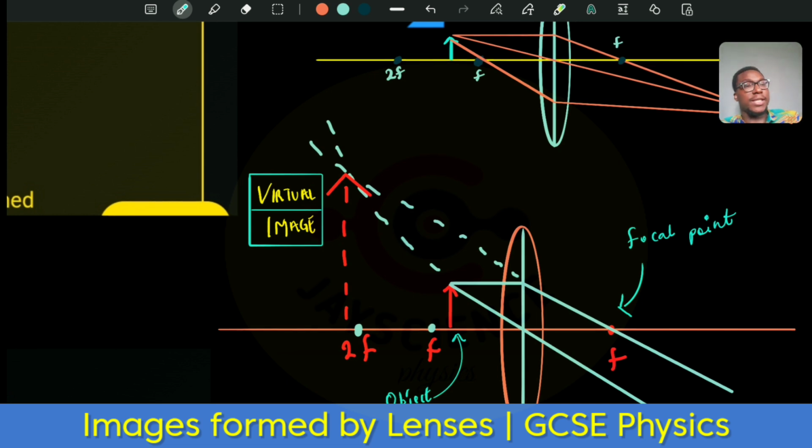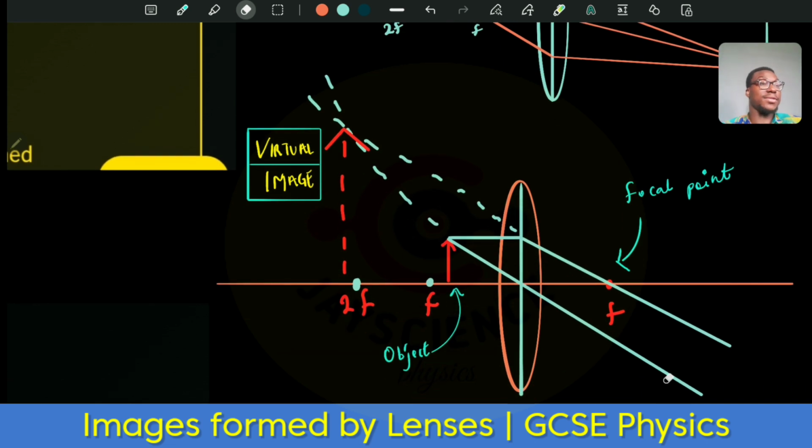So what happens here? You draw the first ray to hit the midpoint of the lens, and then it goes all the way straight down, unrefracted. You get the point.